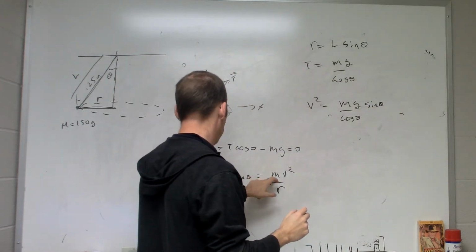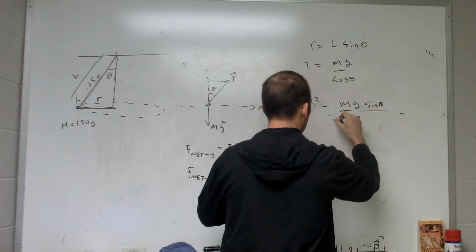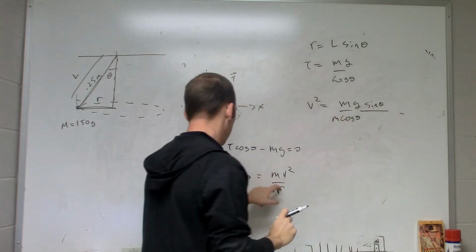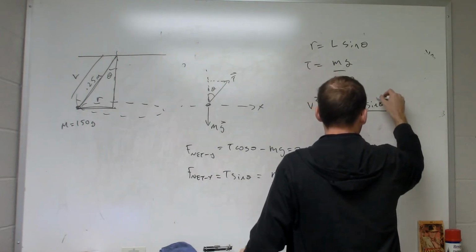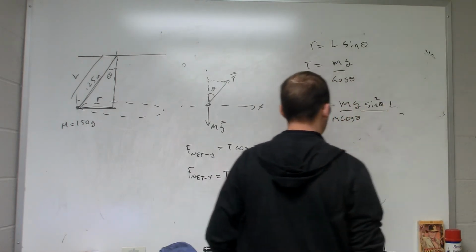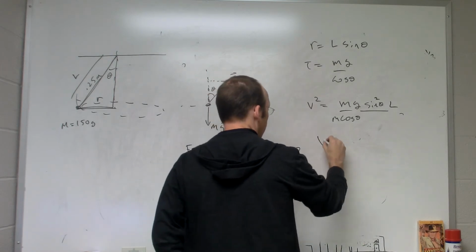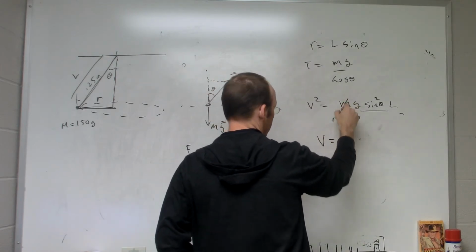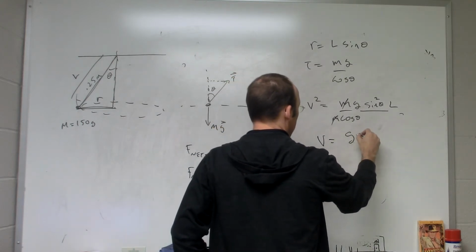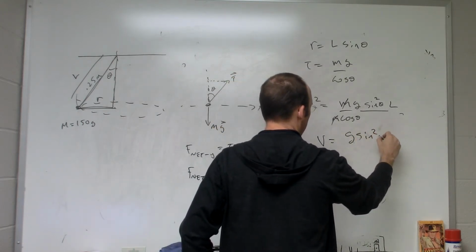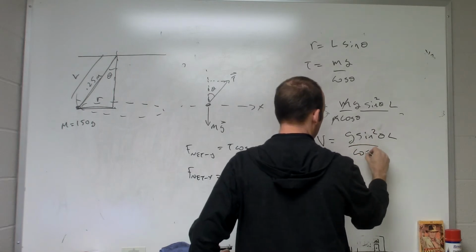Now I have to divide by the mass. And then I have to multiply by r, which is L sine theta. So I get sine squared theta L. So now I can just plug in, I know the mass, which cancels anyway. It's just going to be g sine squared theta L over cosine theta.